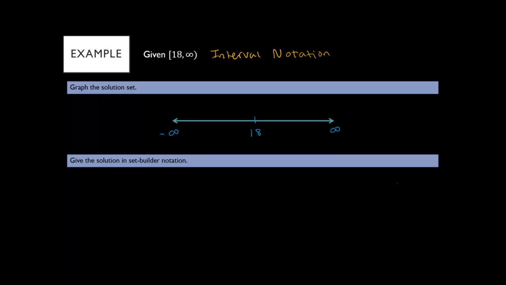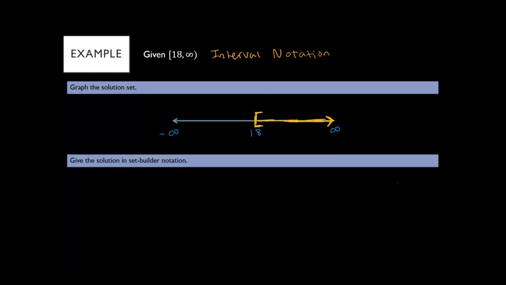And because our interval has 18 to infinity, that tells me I'm shading in between 18 and infinity. So that's nice, because that's where you're shading. And then I've got a bracket at 18, so I just copy that bracket down. So it's really nice to go from interval notation to a graph.